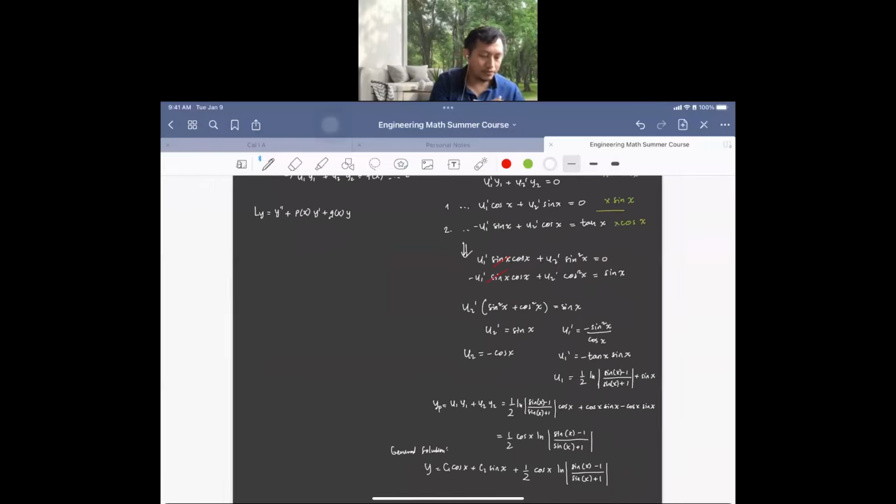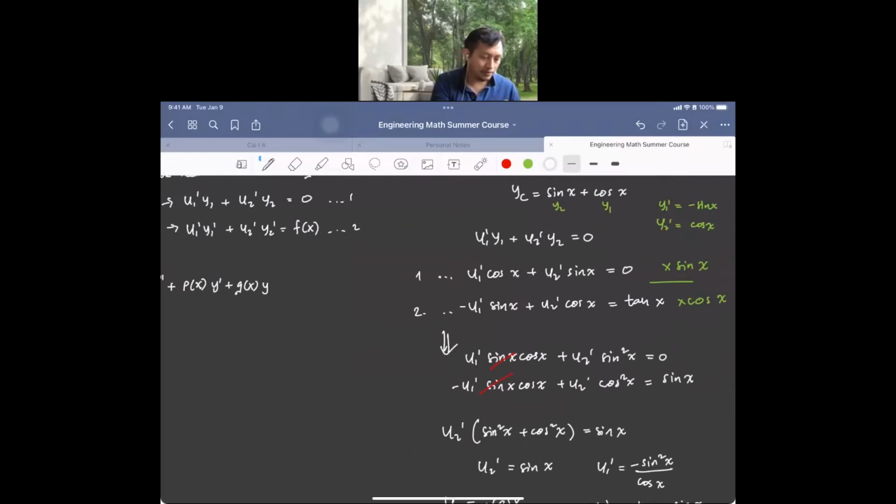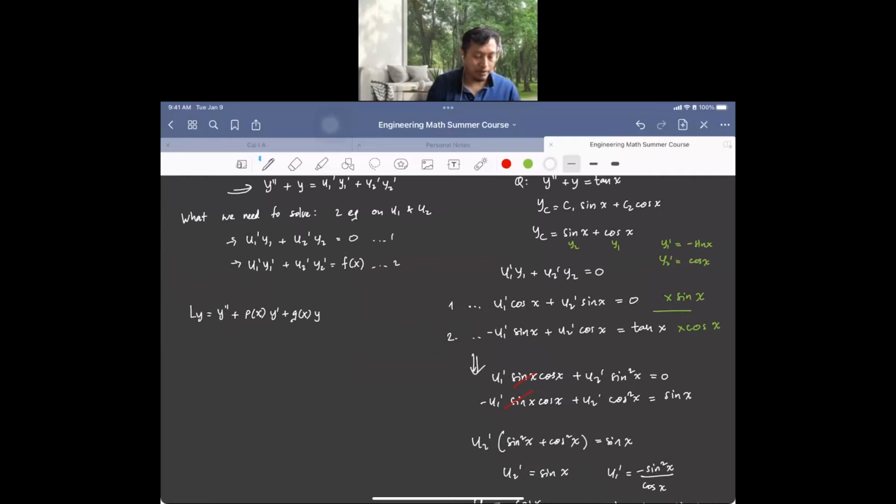This is just one way to look at it, but it's not the general form. It's just an example. We will have a more concise rule for this type of method. We are going to include the Wronskian.